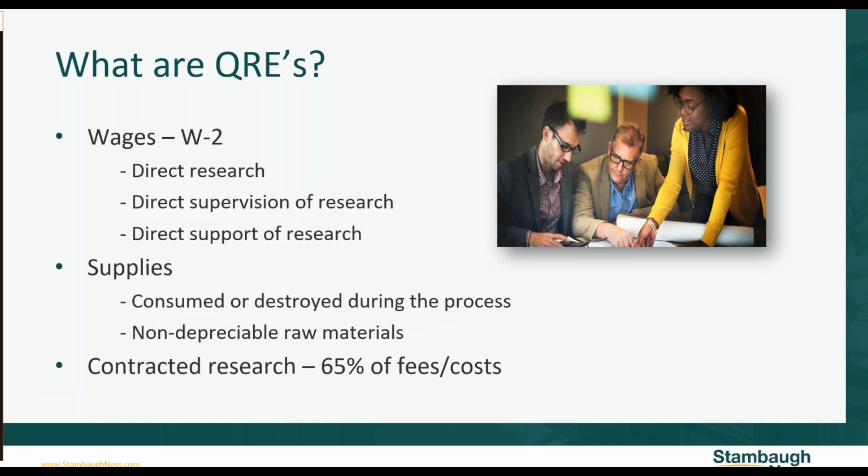And then the third category, what we call contracted research, or by terms that we're more familiar with, subcontractors or subconsultants. We can use 65% of their fees, 65% to kind of equate them to what we'd be paying them if they were our own employees, but we really have to look at the contract there. If the sub is charging us a fixed fee, then it's probably not unfunded for us, it's probably funded.